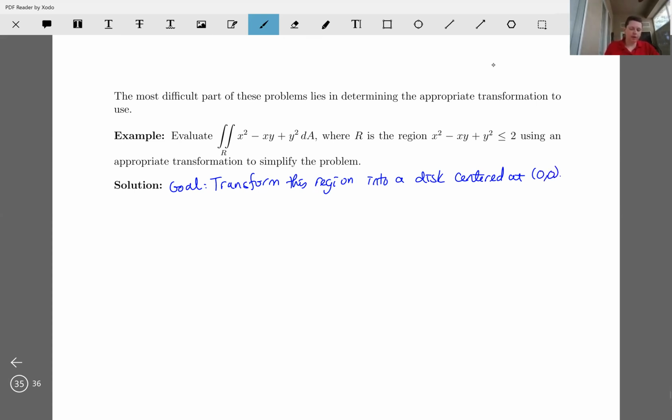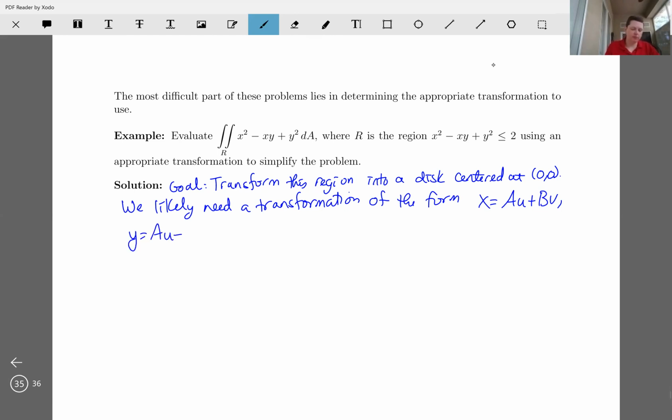So we likely will need a transformation of the form x equals a times u plus b times v, and y equals a times u minus b times v. And why might this work, you might ask?